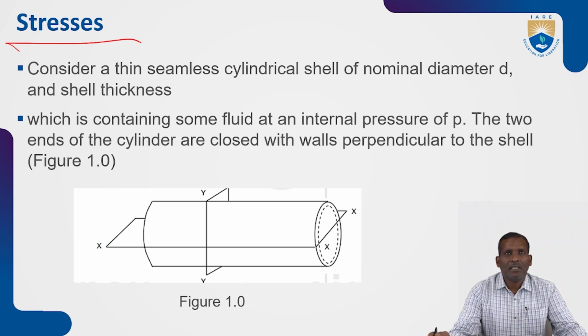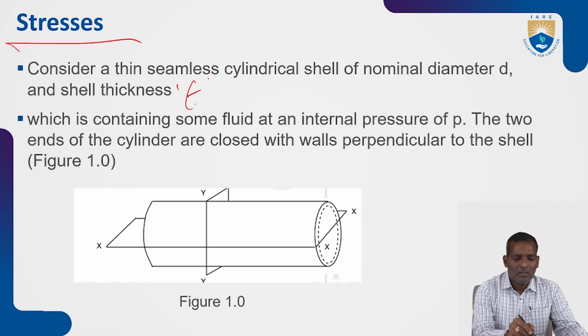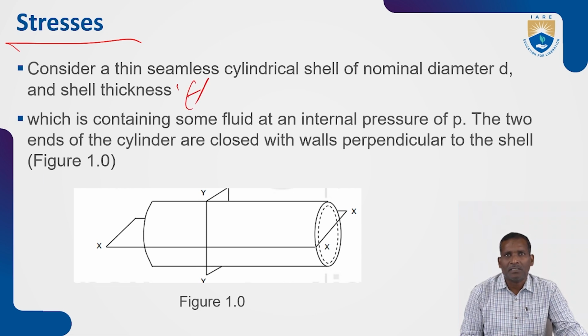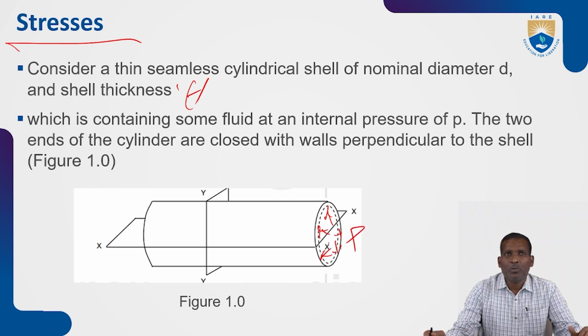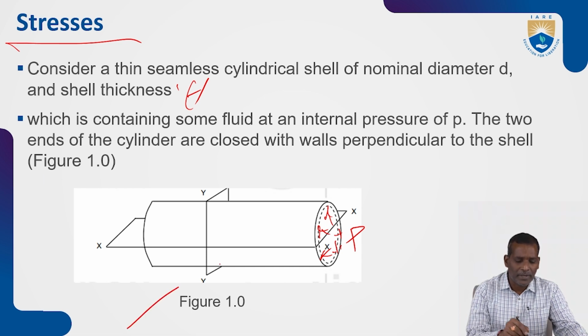Now consider a thin seamless cylindrical shell of nominal diameter D and shell thickness small t, containing some fluid at an internal pressure of P. The internal pressure is not shown here, but that is P. The two ends of the cylinder are closed with walls perpendicular to the shell, as shown in the figure. X plane and then Y.